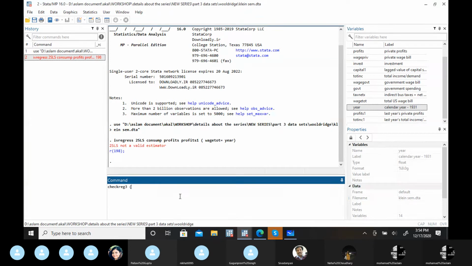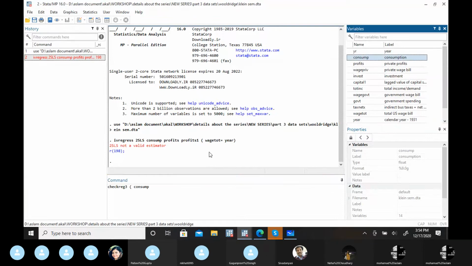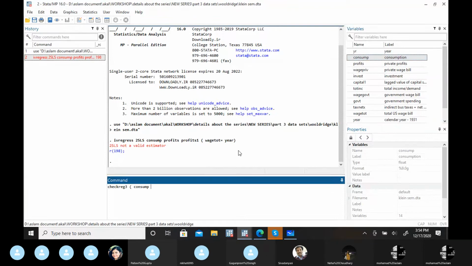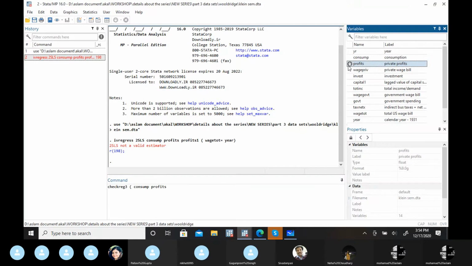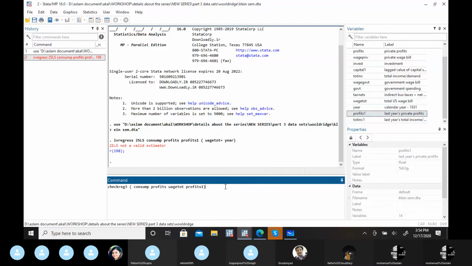and then just specify the model assumption. Profit, total wage, and profit of last year. Bracket close.